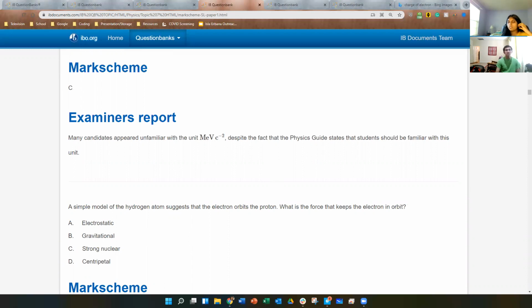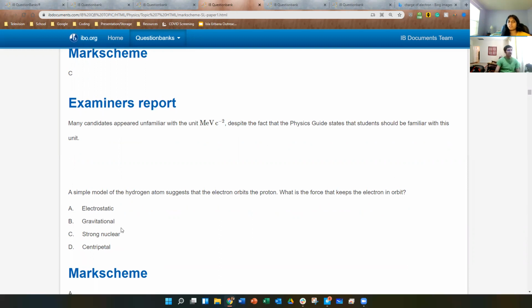The way I learned it in AP, whenever it asks what the force is, you should never say centripetal, because the centripetal force is all the forces acting in the centripetal direction. Then it's probably gravitational, right? Wouldn't it be electrostatic? The electrostatic attraction is what's keeping it in orbit. So A.